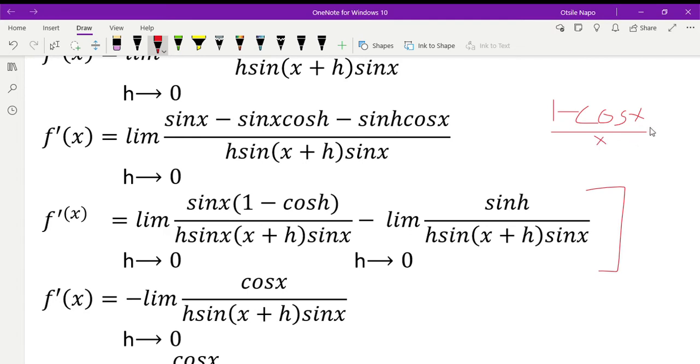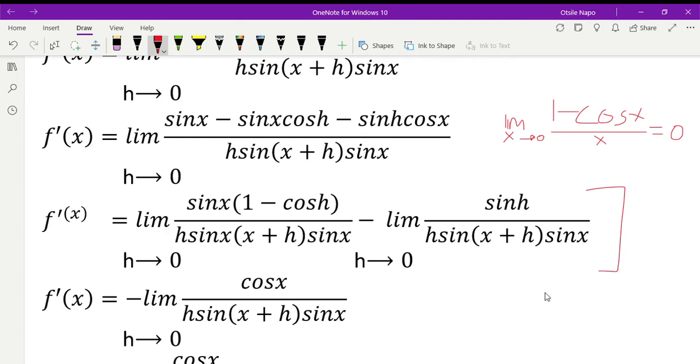Let me write to show you that it's a limit as x approaches 0. This will give us 0.